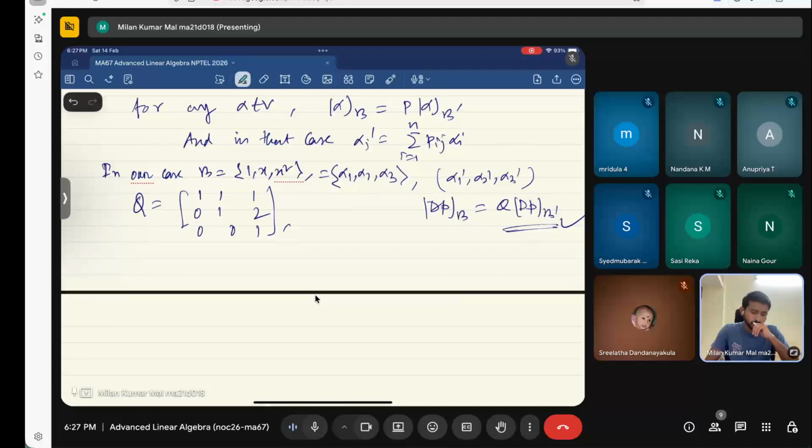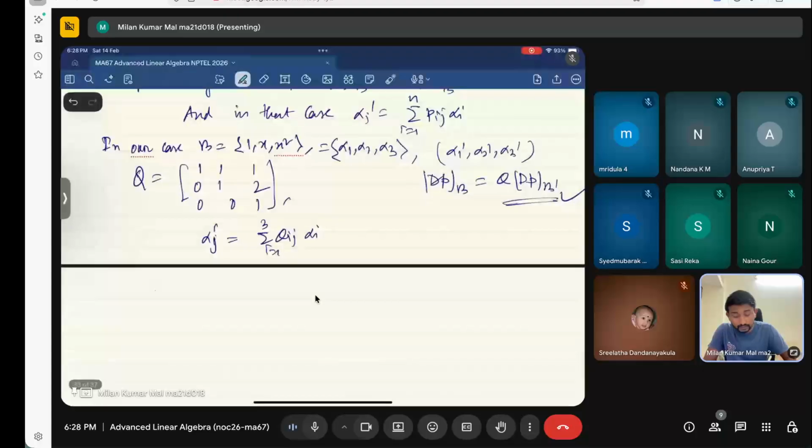So it is enough to say, finding alpha j dash is equal to the summation of q ij alpha i, i equals 1 to 3. So basically I get alpha 1 dash with respect to qij, with j fixed as 1, so this is the first column, so this will be 1.